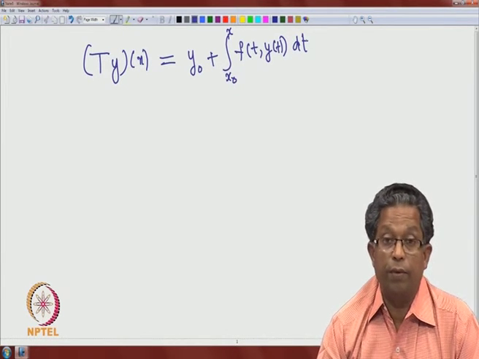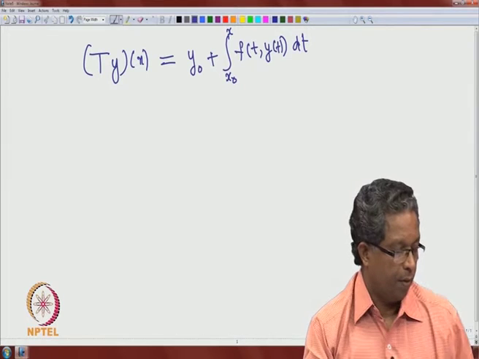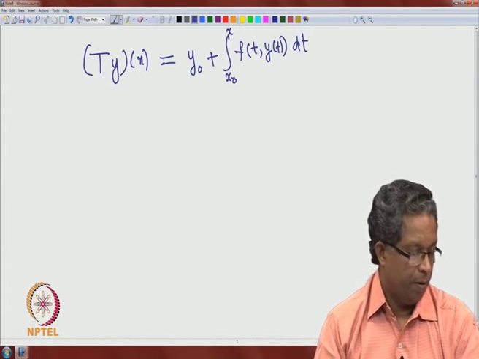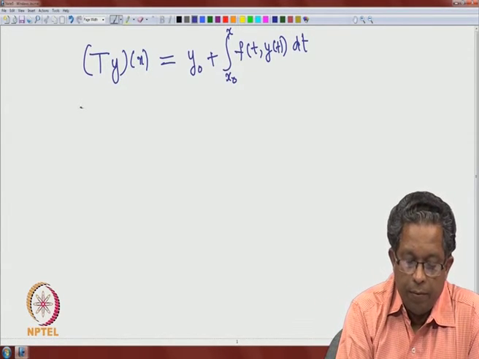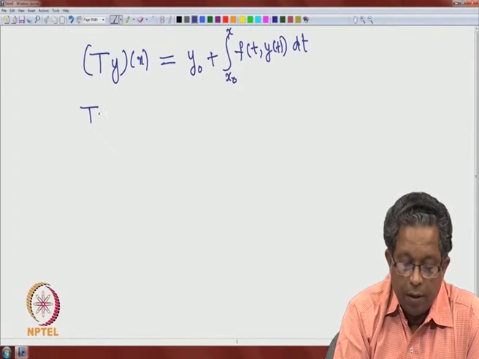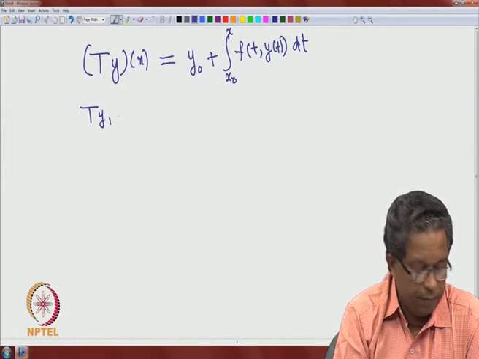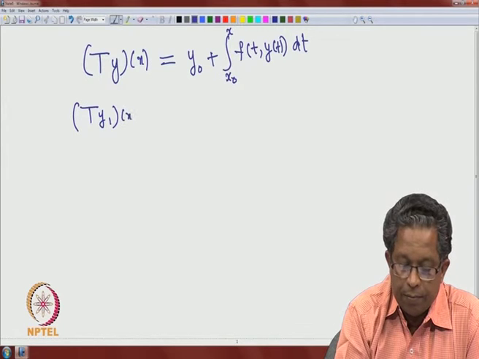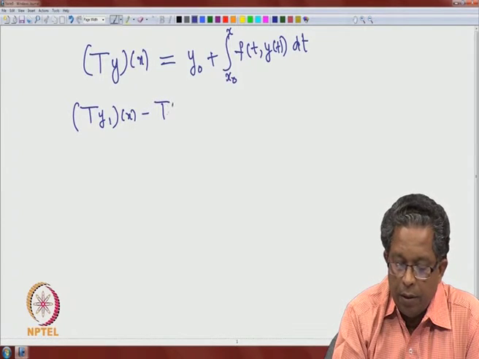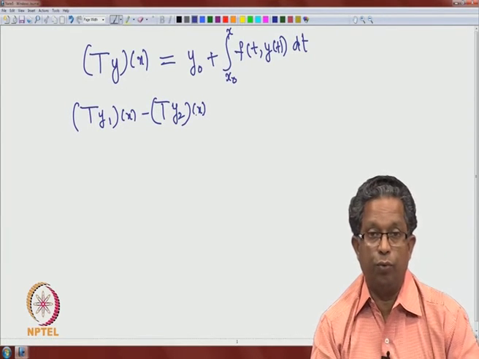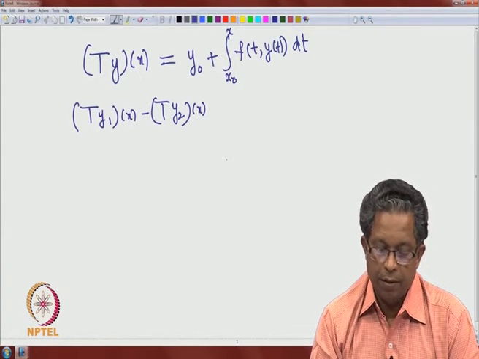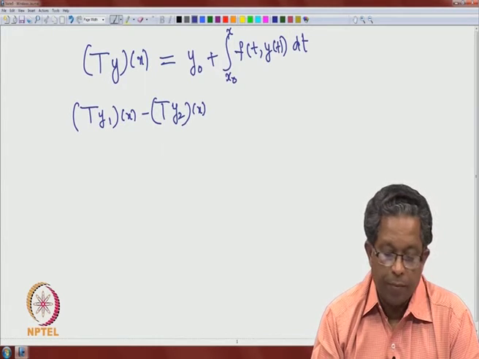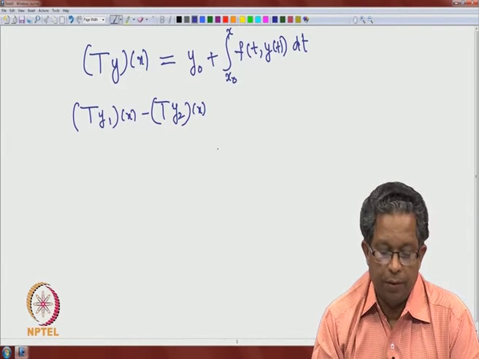This is the definition of the operator T. So, let us find what is Ty1(x) minus Ty2(x), if y1 and y2 are two functions in the Banach space.